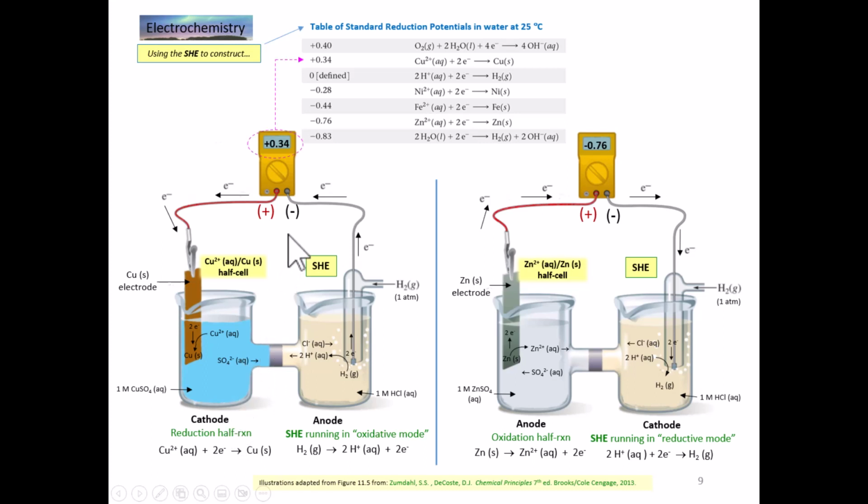The interesting thing here is that the voltmeter is reading plus 0.34 volts, and that's exactly the reading that we have here in the table for the copper 2+ being reduced to copper metal half reaction.